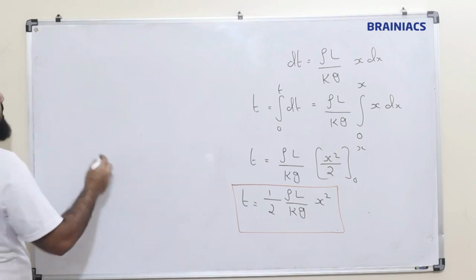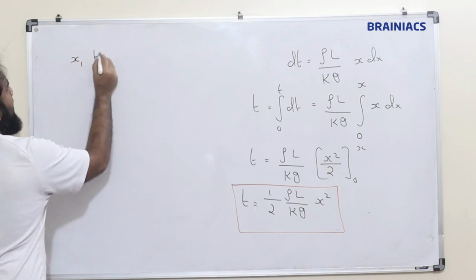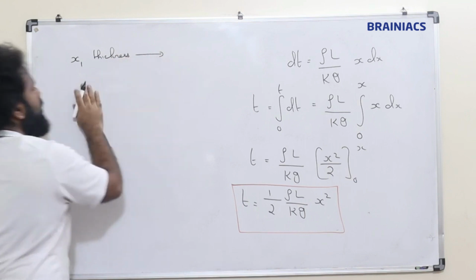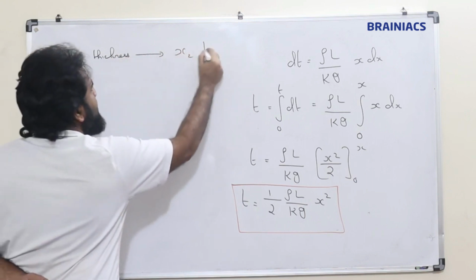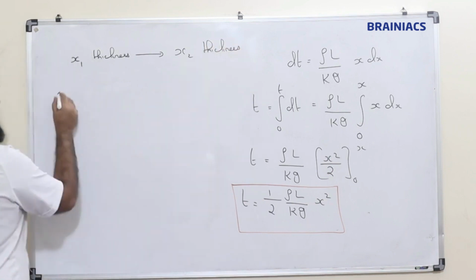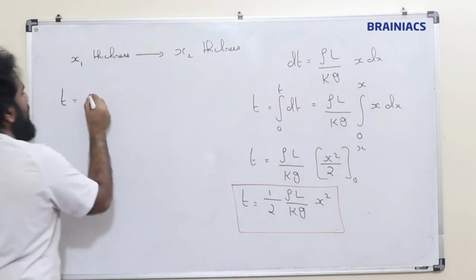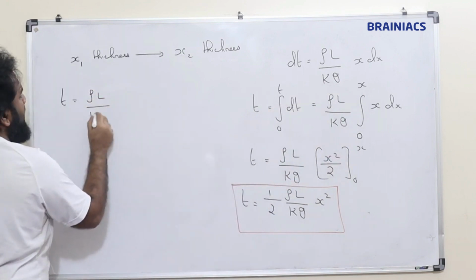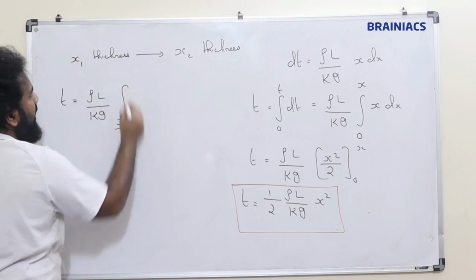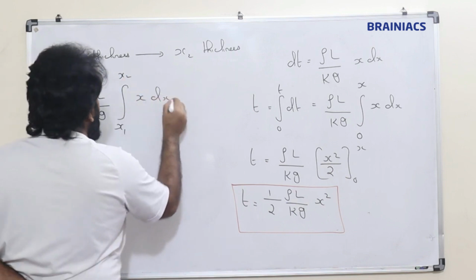Suppose a thickness x1 is already there. So from x1 thickness to x2 thickness, how much time will it take? So t is equal to, we will change the limit here, no other change, rho L by k theta, integral from x1 to x2 of x dx.